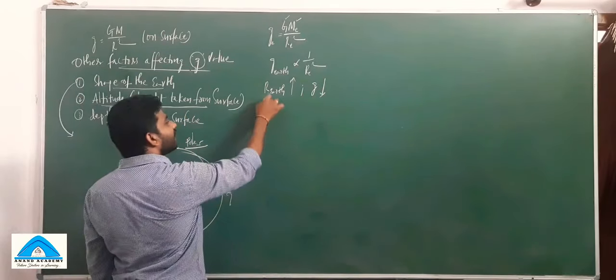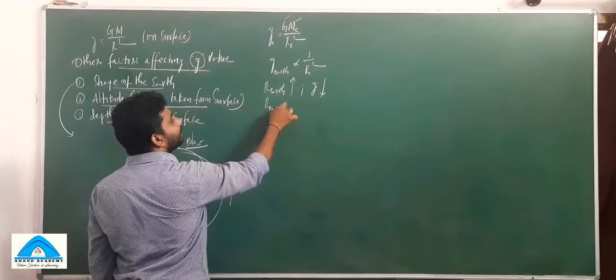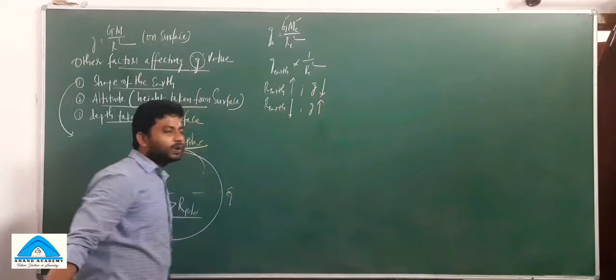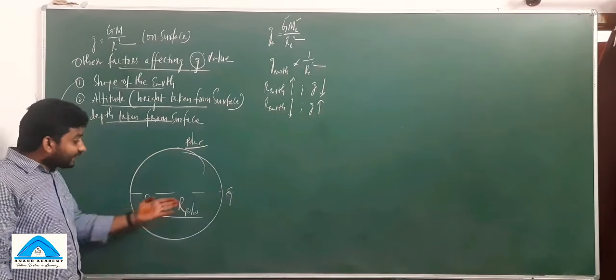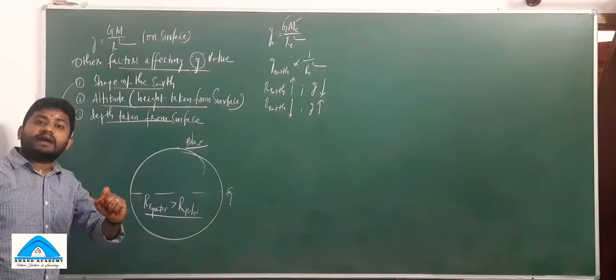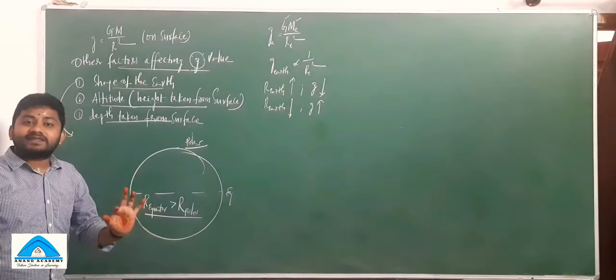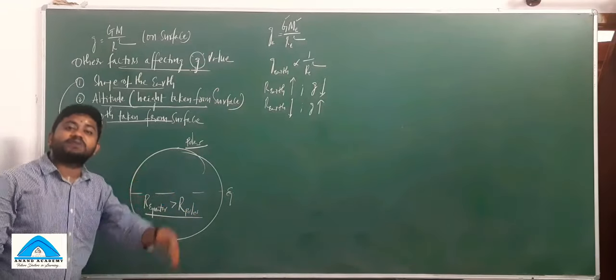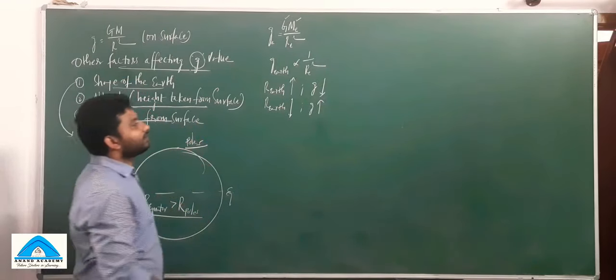And if the radius of the earth at a particular point is less, acceleration due to gravity will be more. So that's it. So where is the radius of the earth more? At the equator. So then acceleration due to gravity at that point must be less or more? If the radius is more, acceleration due to gravity must be less. So that's what I am writing here.